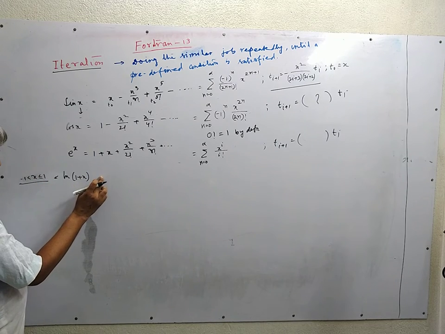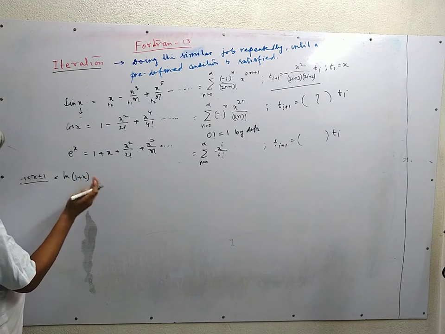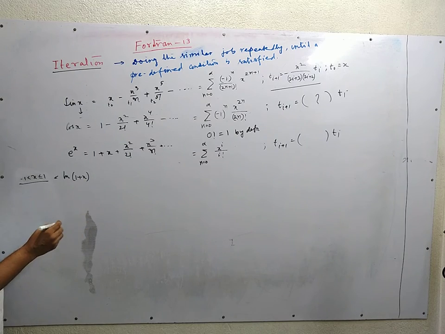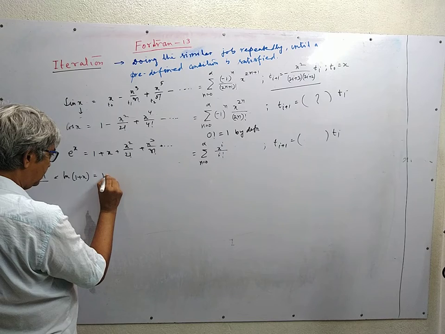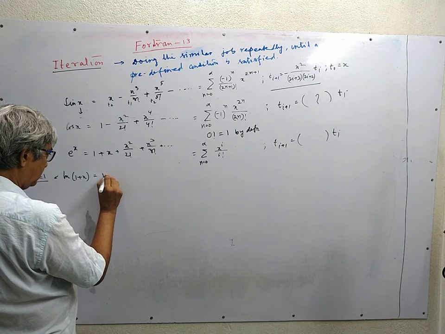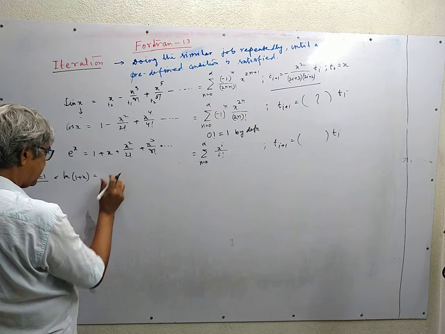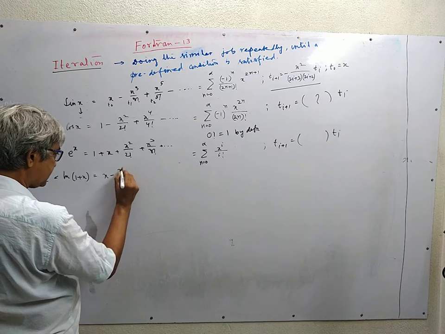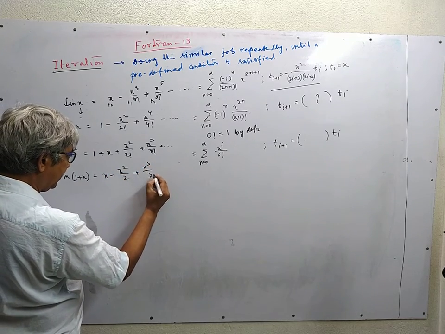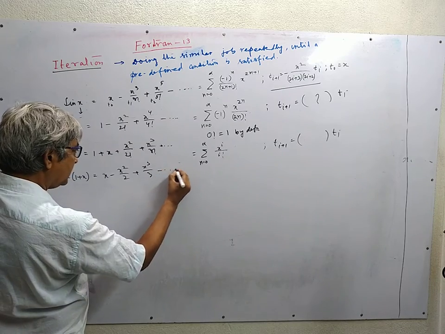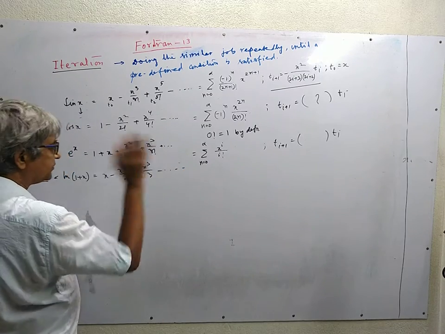So this will be a complicated thing. This is equal to x, the first term, x minus x square by 2 plus x cube by 3 and so on. You can do this also.